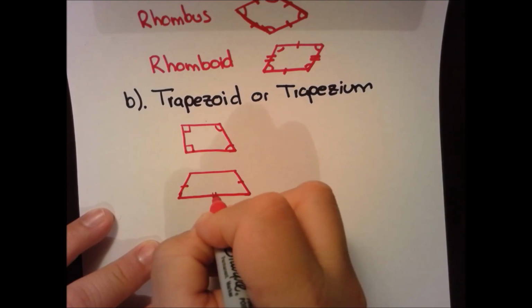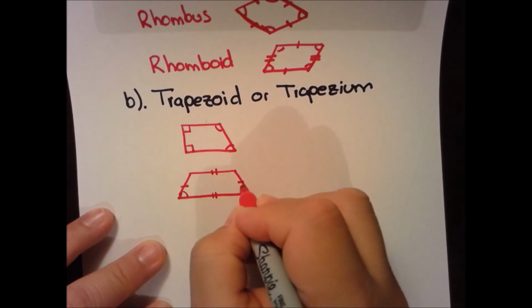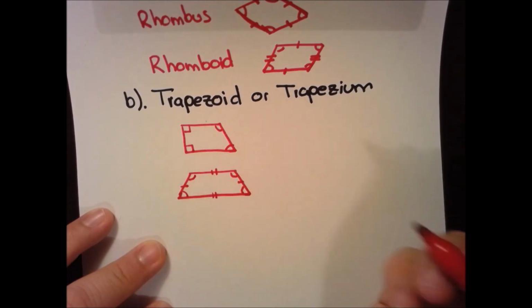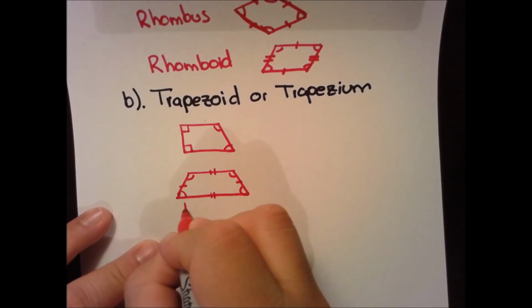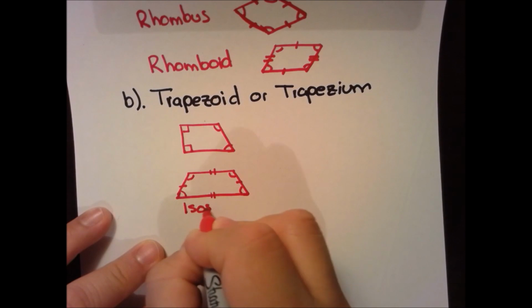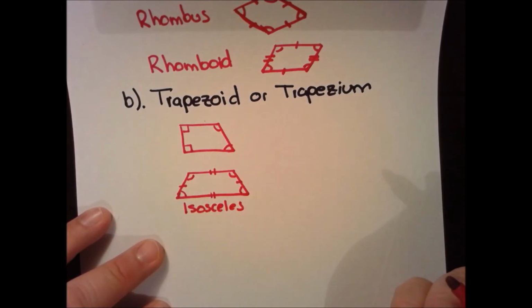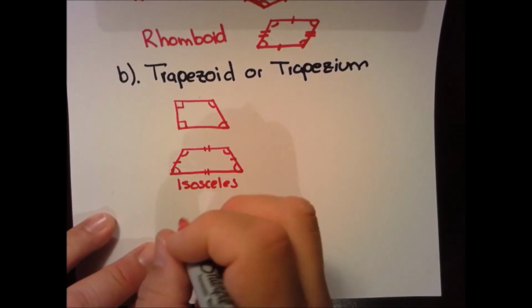This one is different to this one, but this angle and this angle are the same. This angle and this angle are the same. So in that case, it has a name. It is going to be an isosceles trapezium.